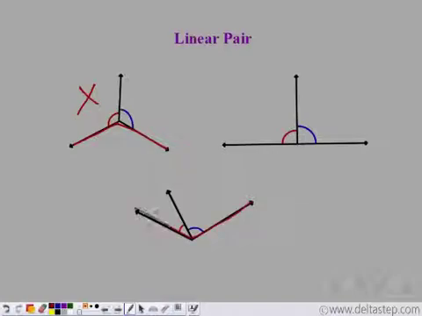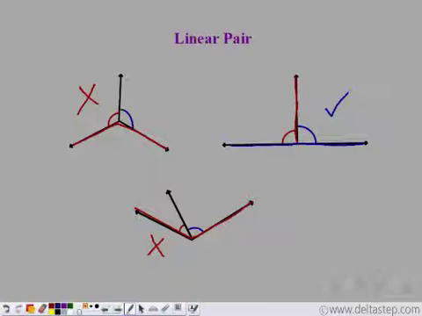This and this are the non-common arms which are clearly not on the straight line. So this is not a linear pair of angles. What about this? We have these two angles. This is the common arm and this and this are the non-common arms which are on the straight line. So this is a linear pair of angles. So among these three, only this is a linear pair of angles.